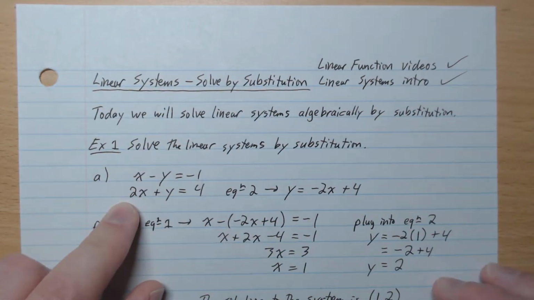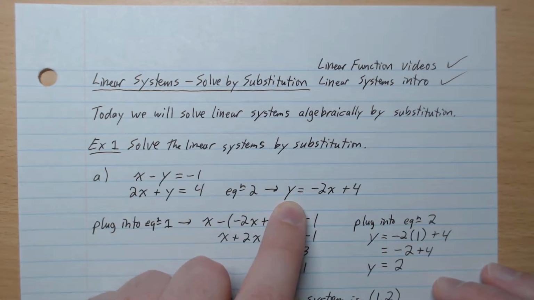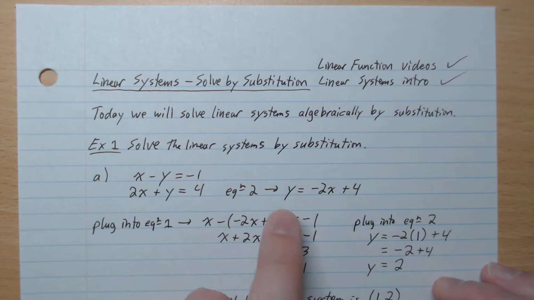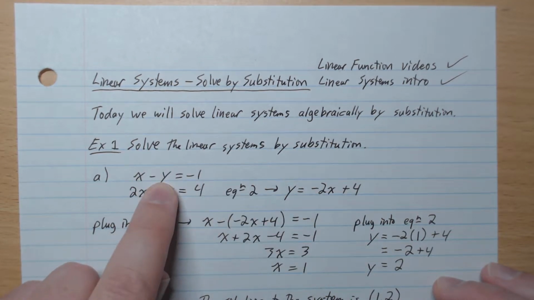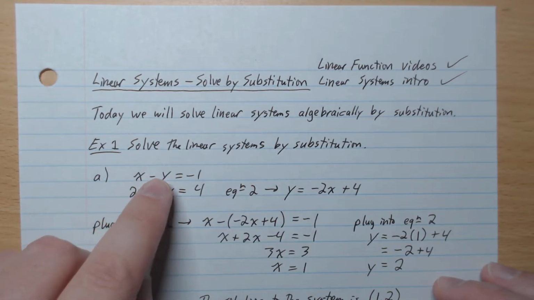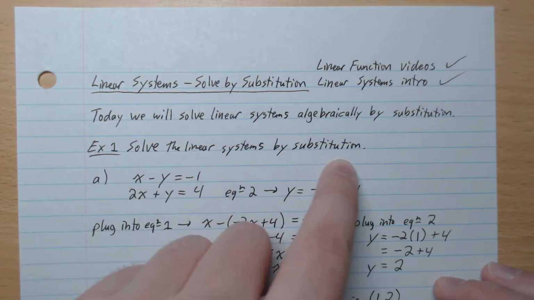And the idea is to use one of the equations to isolate a variable. So here from equation 2, we're going to say y equals -2x plus 4. We're going to take this equation and plug it into the first equation, right? We're doing a substitution. So x minus y, this y is going to be replaced with this value right here.